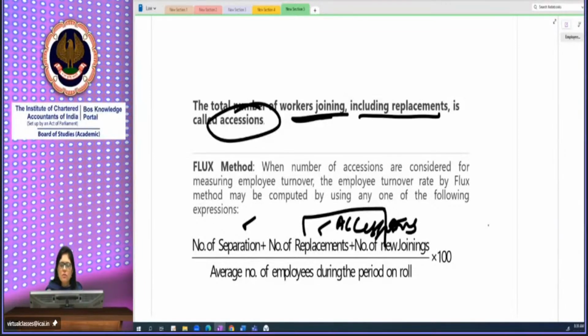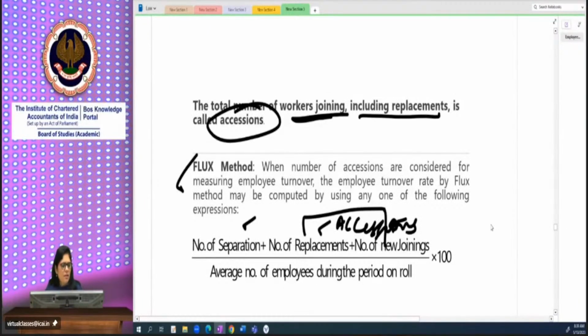Clear? Total workers joining are called accessions, maybe due to replacement or new joinees, new positions, multiplied by 100. This is how we calculate under the flux method, the second way of doing it. So this is the flux method. I hope you have noted it down.